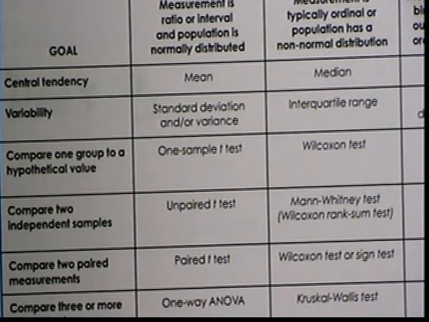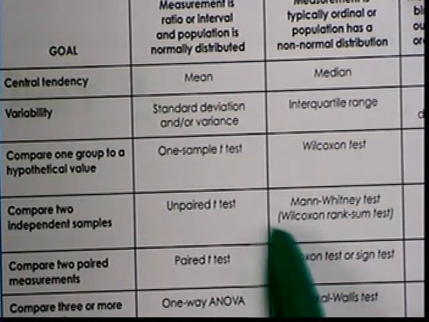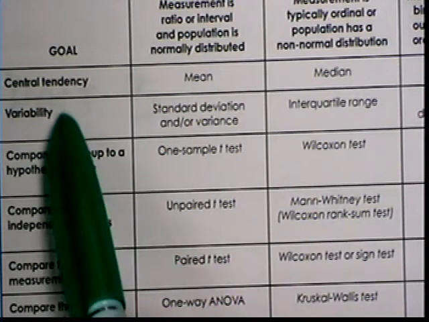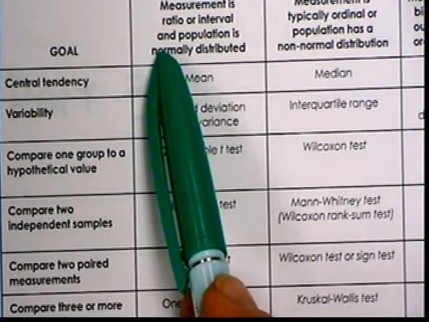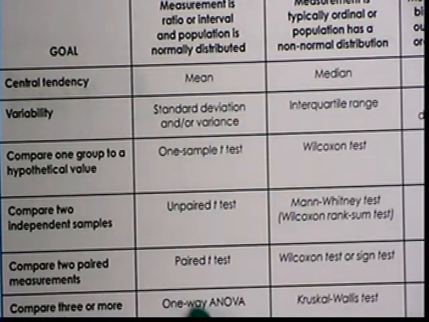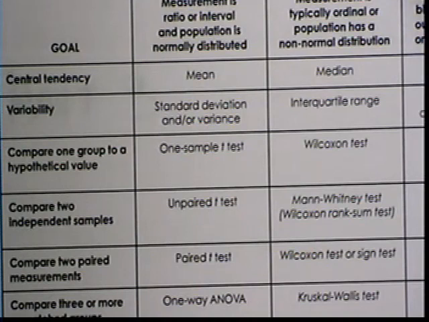We can compare 3 or more matched measurements with a repeated measures analysis of variance. Again, we've also talked about the fact that there's multiple ways to do this, and there actually are 2-factor analyses of variances, and so it just sort of helps to fill in the overall chart, and you can see that there are different situations over here on this side and different characteristics over here, and you can find which test should be used in a particular situation.